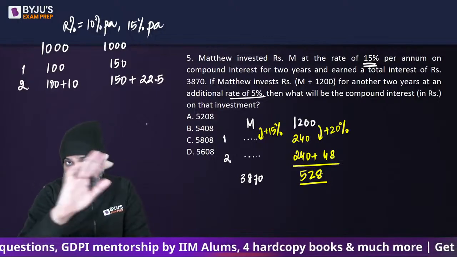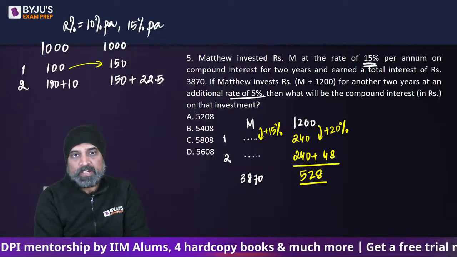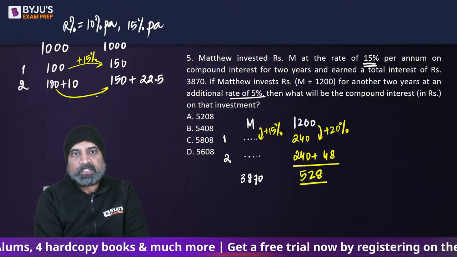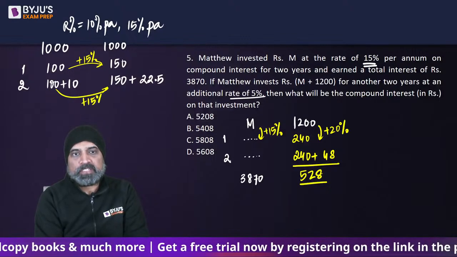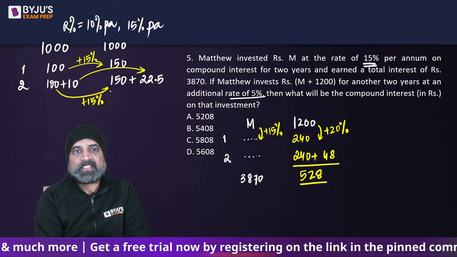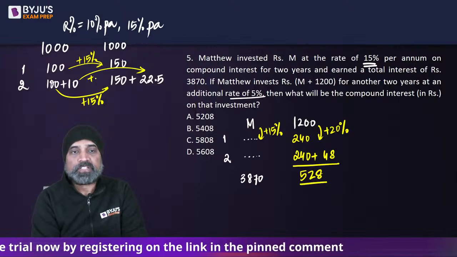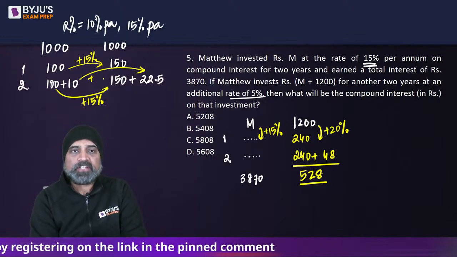Now, if you compare the interests, you will find that this increased by 15%, this increased by 15%, so that is 15 and 15 successive.